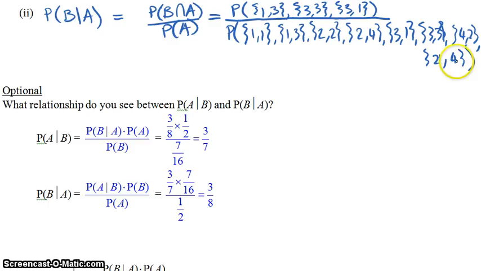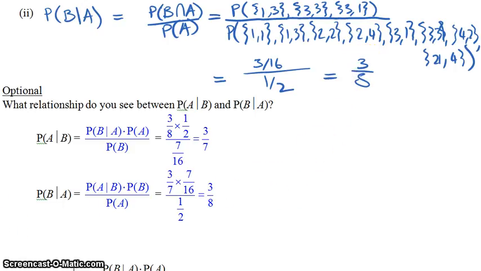So these are my possible outcomes down the bottom. If we work these out, we learned from the last time that the top line is actually 3 over 16. The bottom line turns out to be 1/2. So our final answer is 3 over 8.